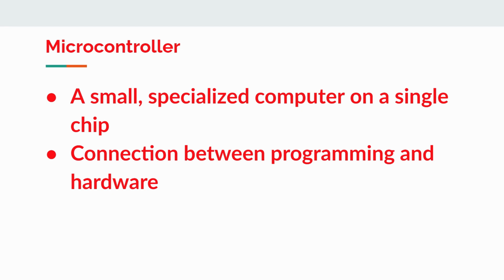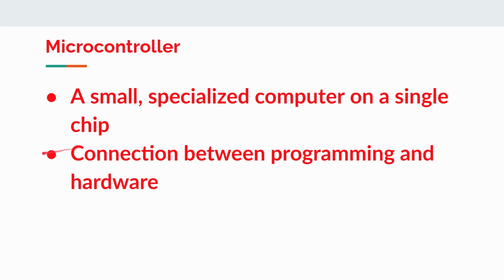First, definitions. A microcontroller is a small, specialized computer that lives on a single chip. Because they are so small and specialized, they can't do everything that a full-size computer like a laptop or even a cell phone can do. But because they are small, we can leave out the parts that we don't need, and add things that we can use, like special connections and special ways to communicate with other things.